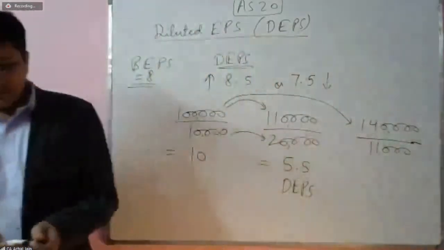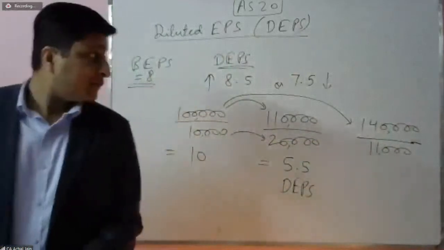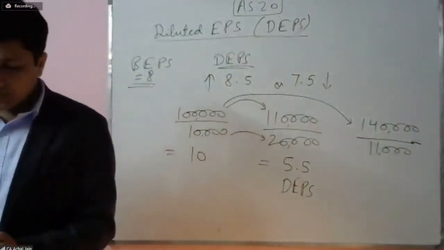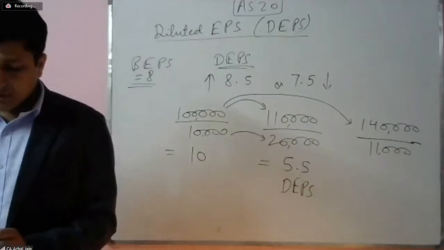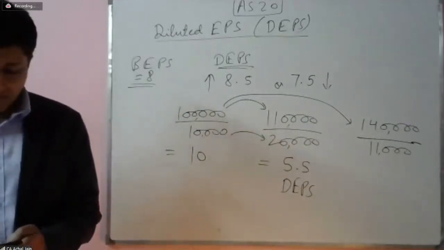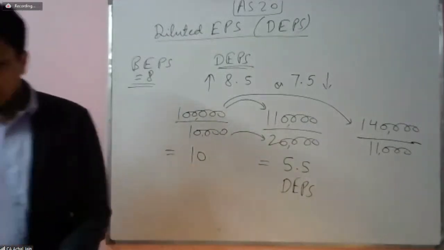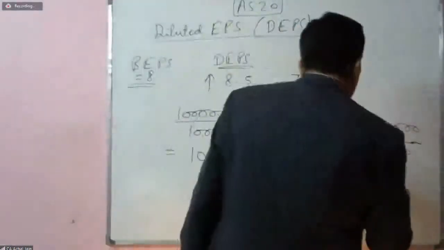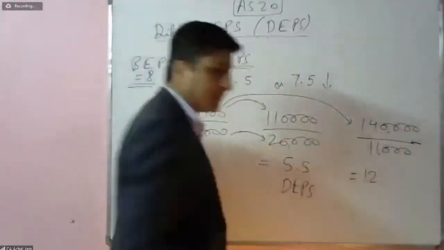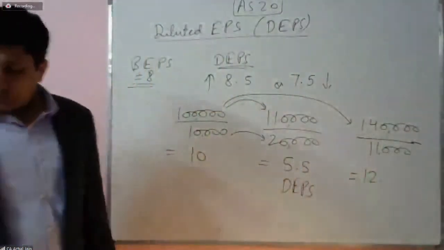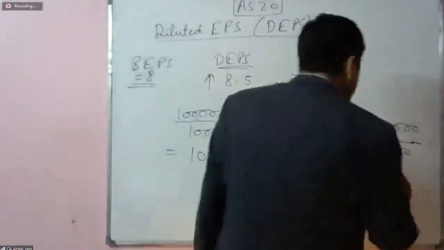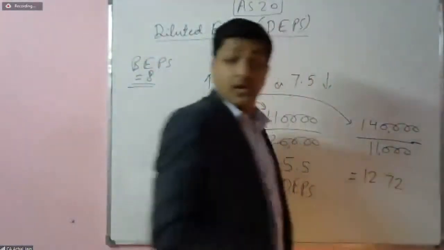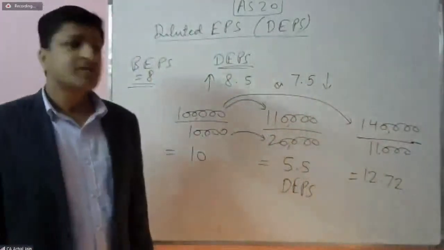Now let's check what is going to be the EPS. 1,40,000 divided by 11,000. Now we find EPS equivalent to 12.72. Now the EPS is 12.72.